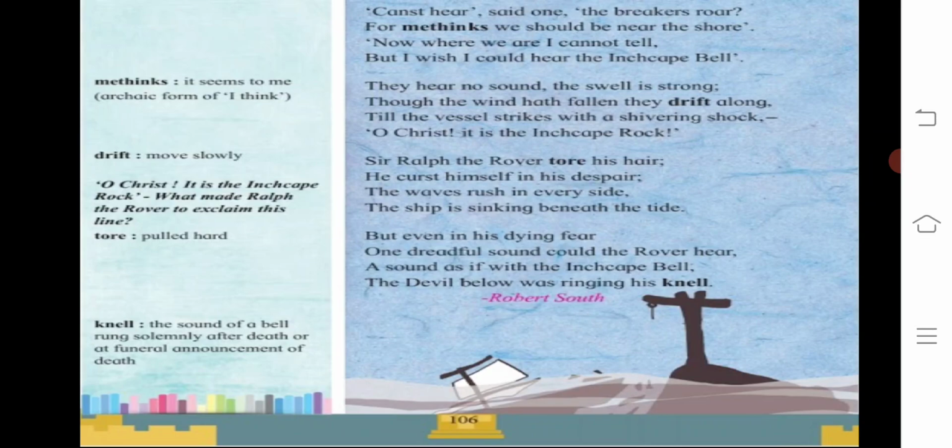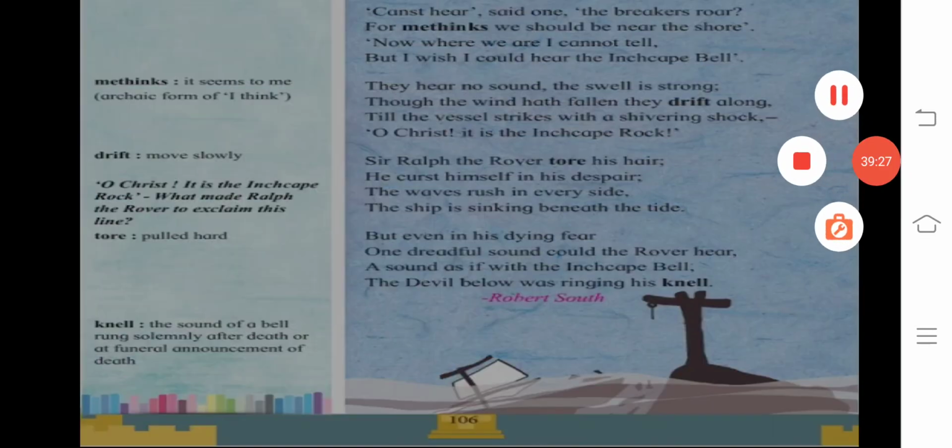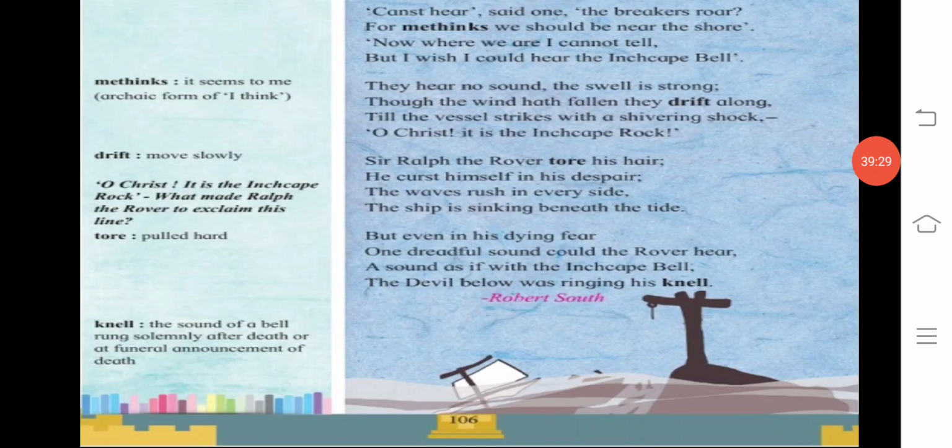But even in his dying fear, one dreadful sound could the Rover hear. And obviously who was hearing that sound? Rover, because he was the man who committed the sin. His act was a really very sinful act, because he killed not only that bell, Inchcape bell, and that was the sound of that bell.